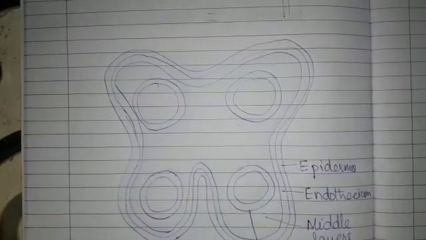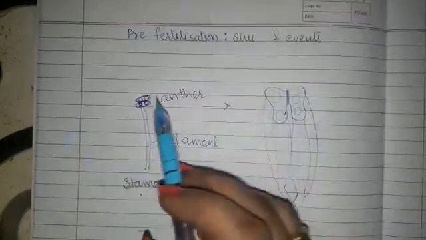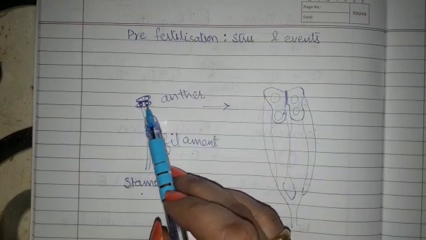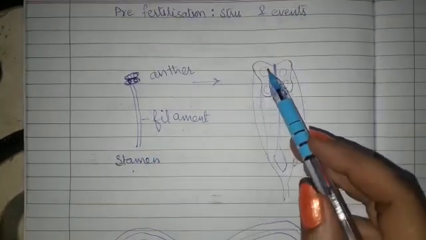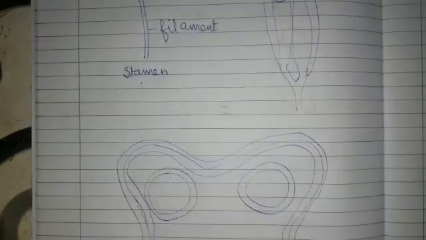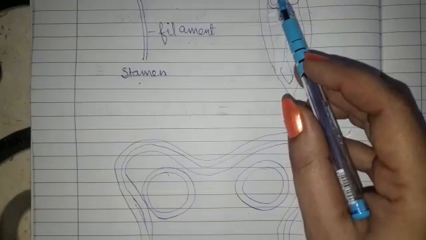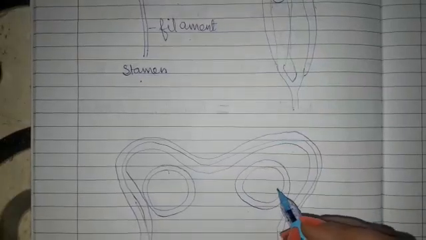The four layers. Now, in transverse section we can see, ये जो हमारे पास एंथर था, हर एंथर में क्या प्रेजेंट है? टू थीका. That is why it was called बायथीकस. और इनके सेंटर में क्या प्रेजेंट है? ये दो लोब में थीका, and then in the center there is present sporogenous tissue.